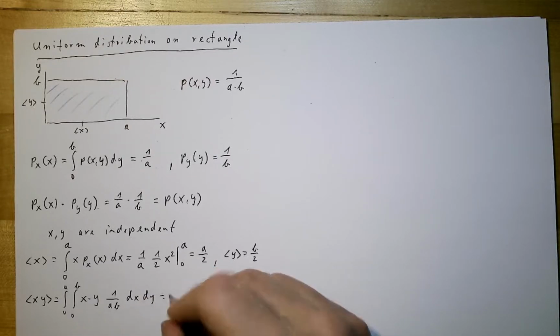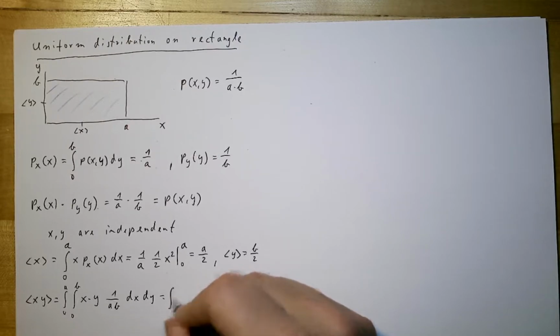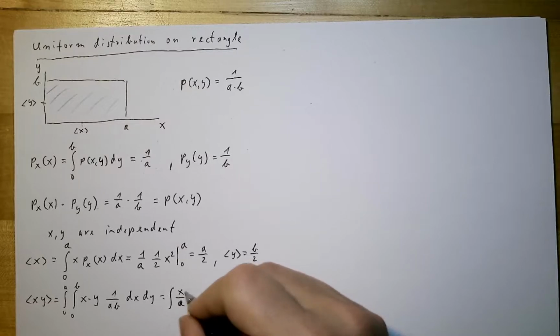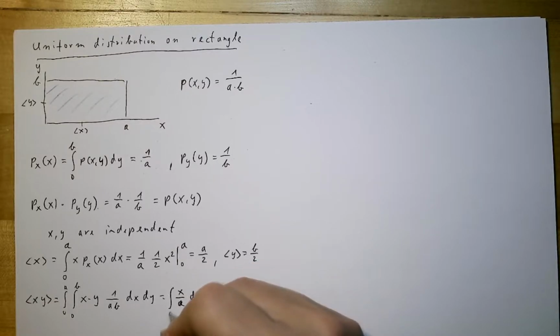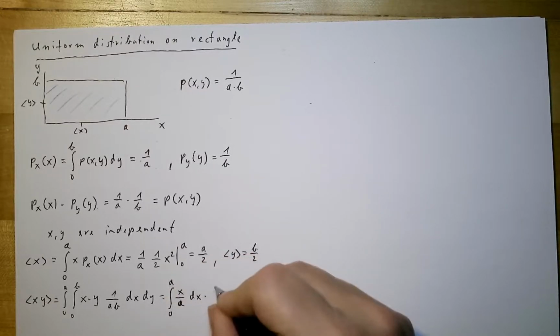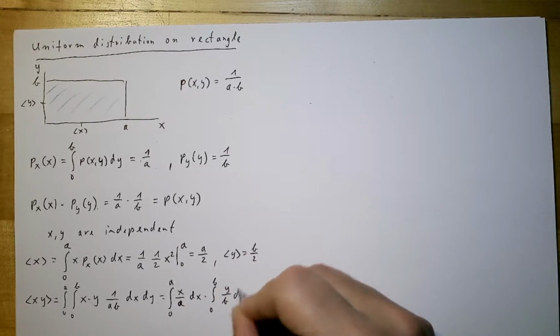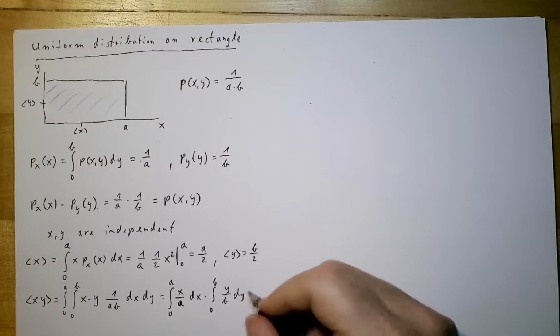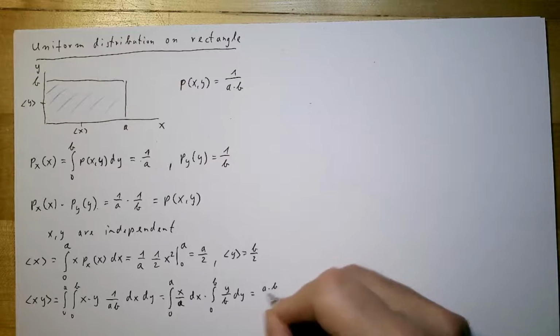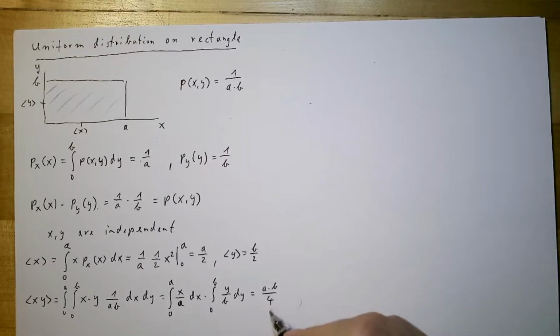And then you see you can separate this. First we integrate x over a dx between 0 and a, and then we integrate y over b dy, and this just gives us a times b over 4.